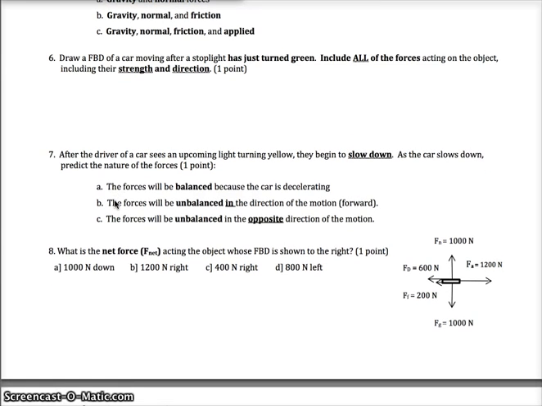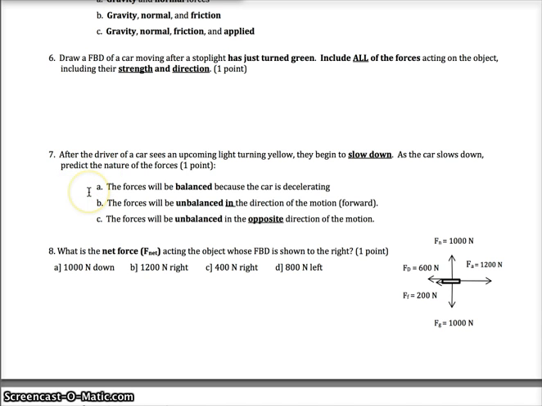Number 7. After the driver of the car sees an upcoming light turning yellow, they begin to slow down. As the car slows down, predict the nature of the forces. So this is slowing down. There's a key word there, and when you see the words slow down, that means the forces are either balanced or unbalanced. So slowing down, is that balanced or unbalanced?